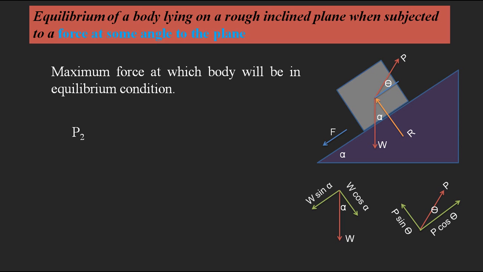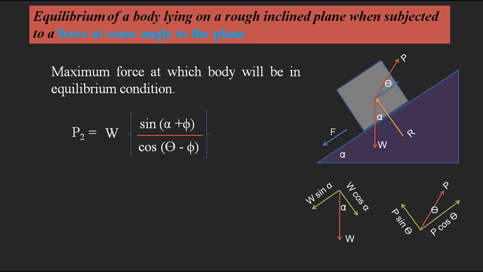By all that modification, again we'll be getting one equation. So that equation is in the form of P2 is equal to W of sin alpha plus phi by cos theta minus phi, opposite to the first equation. This is sin alpha plus phi by cos theta minus phi. So this is the equation we'll be getting when we solve by considering the maximum force which can still make the body be under equilibrium condition. More than that force, again remember the motion of the body starts in upward direction.